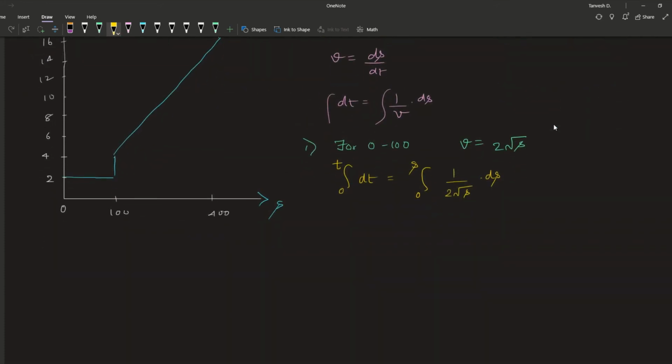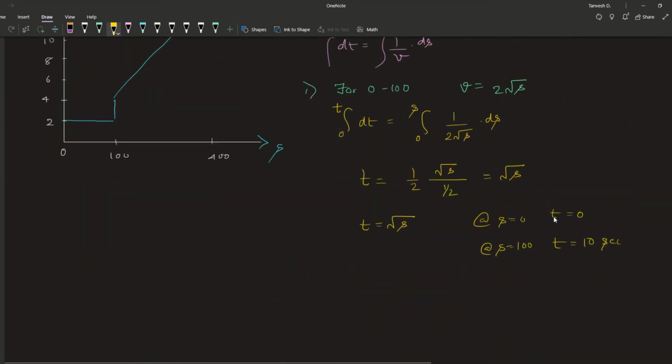So integration of this will get t, and integration of this will be half into root s divided by half. So this will be equal to root s. Therefore we get t is equal to root s for the first 0 to 100. So at s equals 0, we have time equals 0. At s equals 100, we have time equals 10 seconds, right?